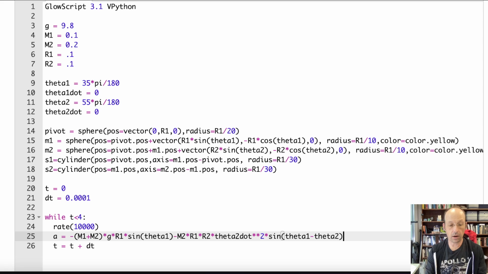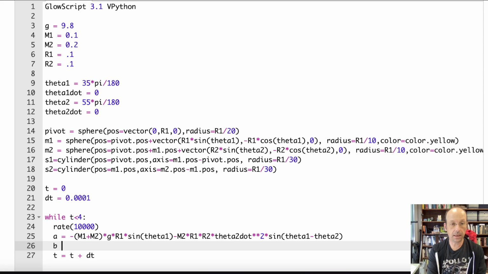Okay. Now I need to calculate B. B equals M1. And notice I'm using the capital M1 and M2, so I don't have to type M1.mass or anything like that. That's not the best. I should have really done M1.mass, but I didn't do it. And, what are you going to do about it? Times R1 squared.